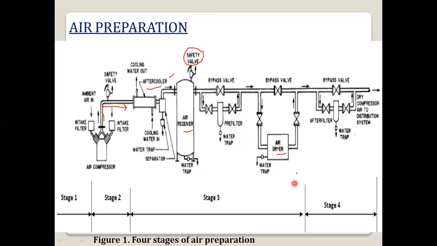Then stage 4 consists of the filter, the FRL unit, that is filter, regulator, and lubricator. From the FRL unit, the dry compressed air will be sent to the distribution system. From the distribution system, the air will go to the control valves, then to the actuator, then the work is done in the system.